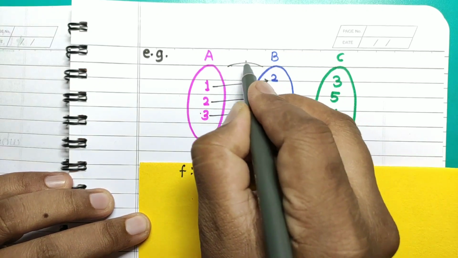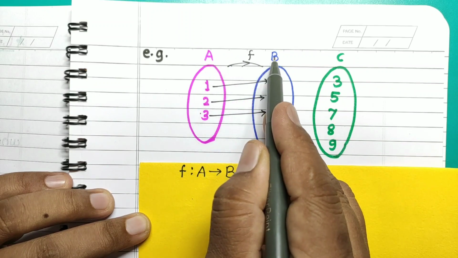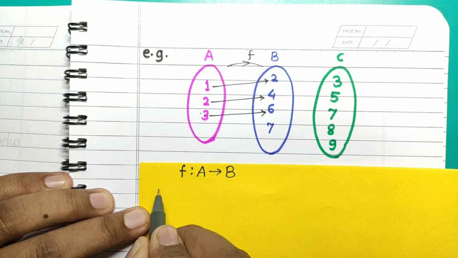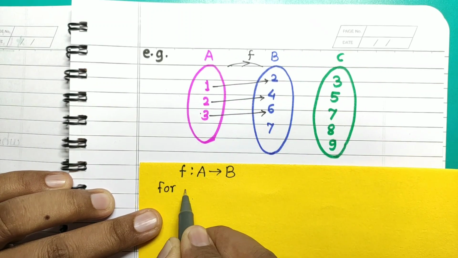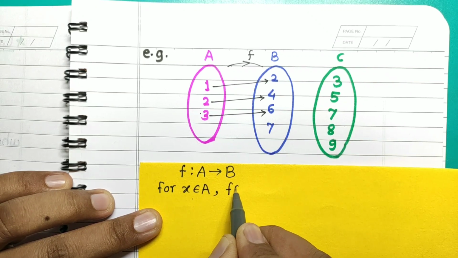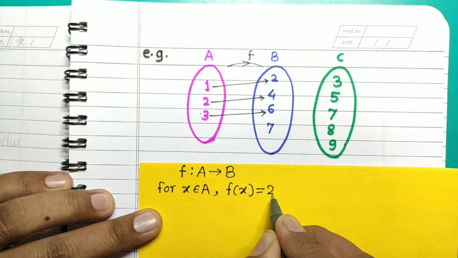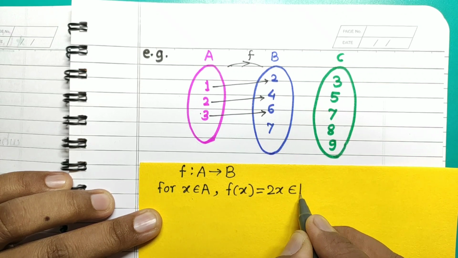Here for x belonging to A, its image, denoted by f of x, is 2x, which belongs to B.